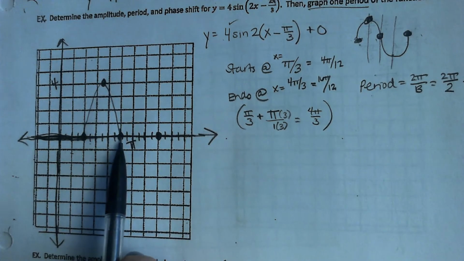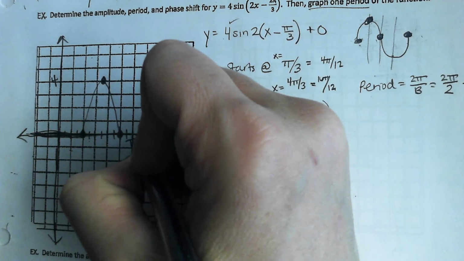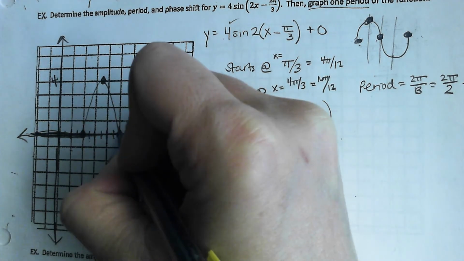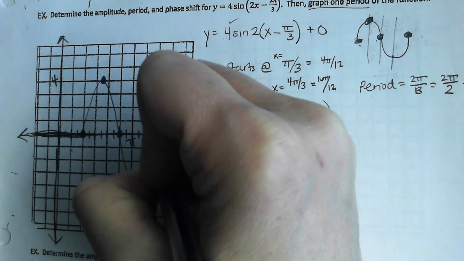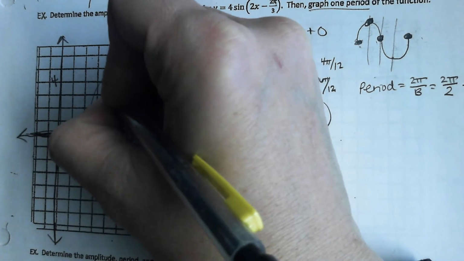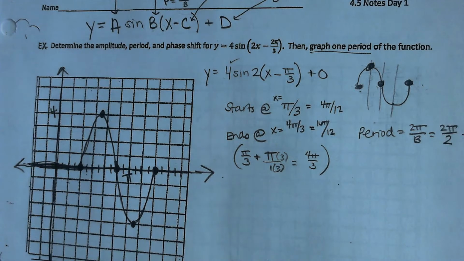And then halfway between 10 and 16 is 13, with an amplitude or a minimum of negative 4. So there is one of these curves. And they just said 1 period, so that's fine.